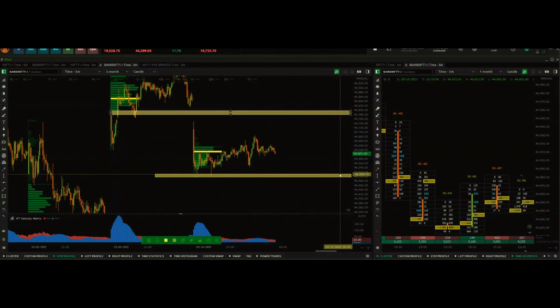So for now, 44,500 to 44,780, 790 are the two broader ranges that I am looking at. These areas will also provide a good avenue for mean reversion move.